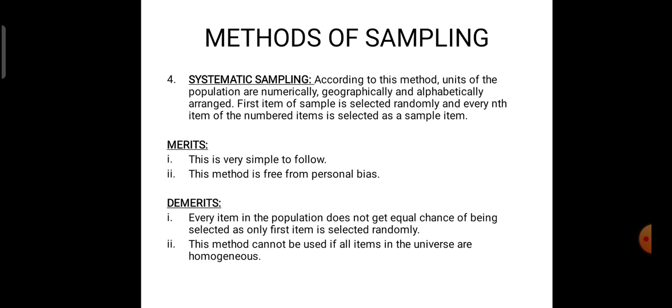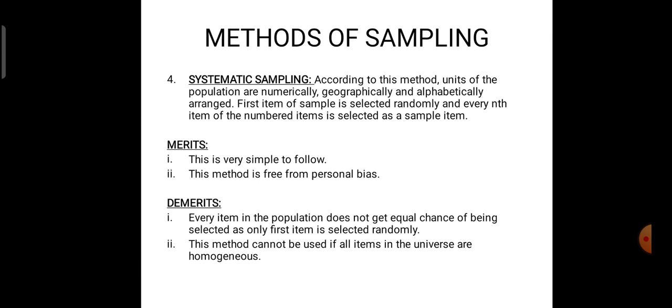item. See, what we do in systematic sampling, first of all, we will arrange the whole universe in a systematic manner. We can arrange it either alphabetically, or numerically, or according to different regions, or geographically.